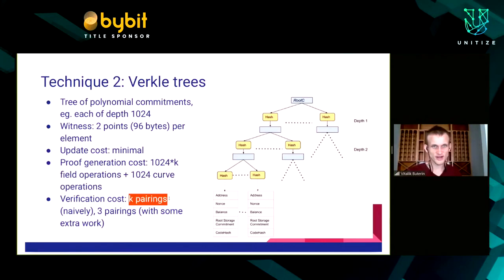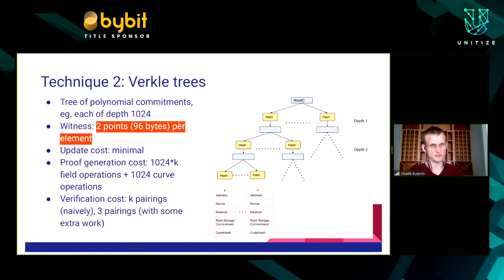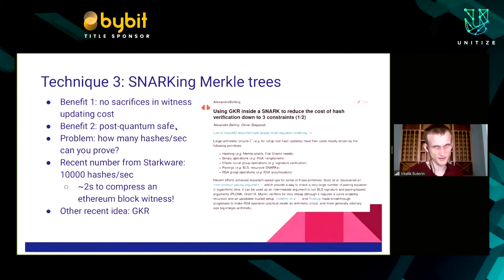The verification cost is k pairings if you do it naively, which is kind of expensive, but with some extra work you can push it down to 3 pairings, right? So this is another recent approach that we've tried to take to cut down the witness sizes. It's not perfect, so you still have about 96 bytes per element, but that's still much less than 600 bytes or even more in the worst case.